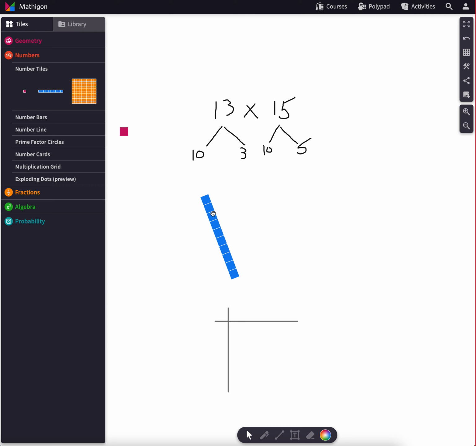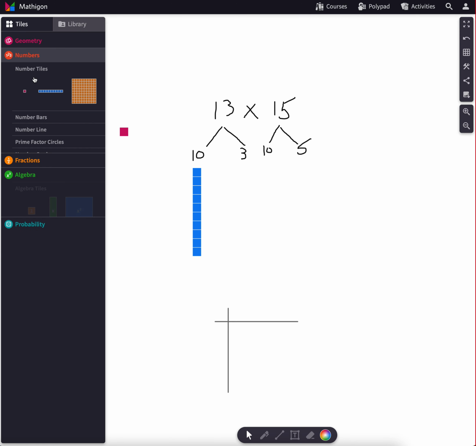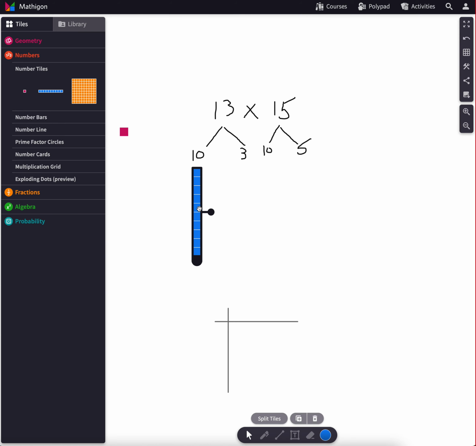What you'll see is, let's turn this. In the rods, there should be 10, okay? And the reason why I'm using number tiles instead of these algebra tiles is there's a little bit of a difference: this is 10 here and this is X, okay? They're different at the moment, okay? So with the number rods, you're going to get 10, and we have 10 twice, right?